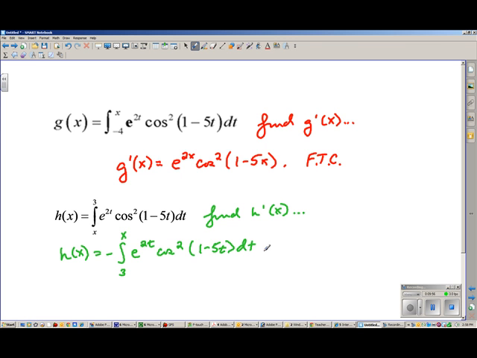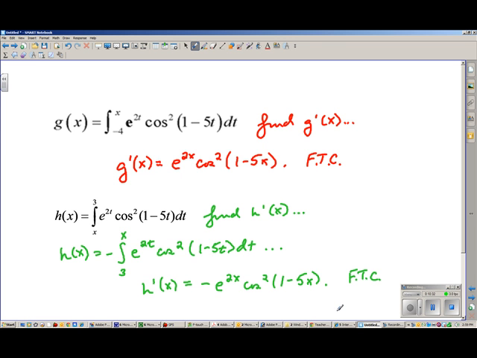But now it's of that form or flavor that allows us to take the derivative. That is to say, h prime x equals, and now we can say, well, it's the opposite of e to the 2x cosine squared 1 minus 5x. And that's it. That's by the fundamental theorem.